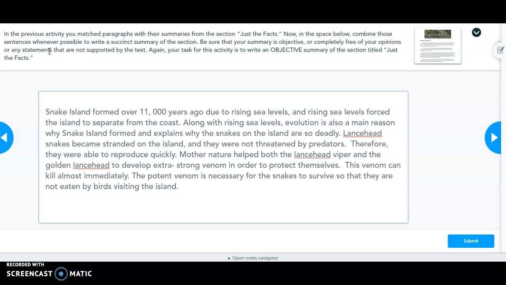My specific statements about lancehead snakes becoming stranded on the island and Mother Nature helping both of the snakes to evolve differently and produce this venom that is very, very potent and dangerous to animals and humans come from paragraphs 3 and 4. So what I would like you to do is go back to your writing and compare it to this and see how you can make your writing more effective and to see if you left any information out that you may have needed to include.